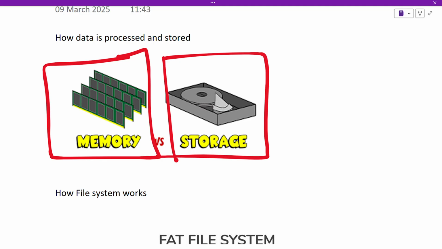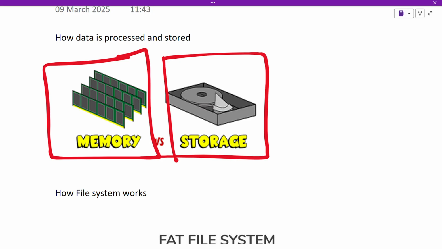So how is data processed? Data is processed in the memory, and data is stored in a storage area. So which one of them is important? We cannot say that because both of them are equally important.